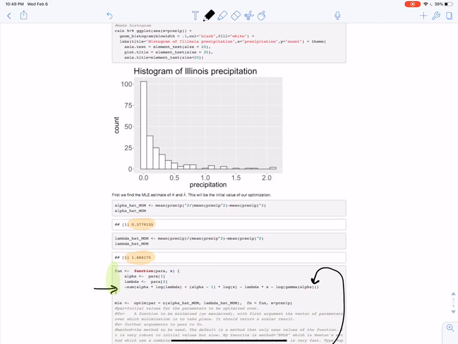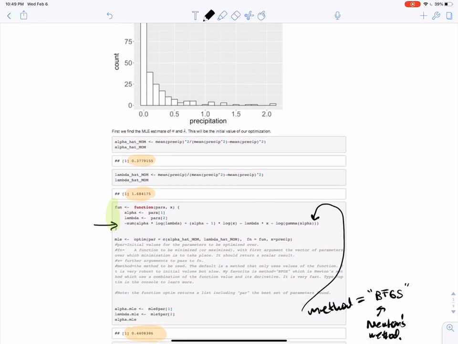And so you need an initial point. So we used the method of moment estimator. We had a formula for this from earlier. We write a function, which is what we want to, in this case, well, we want to maximize it.